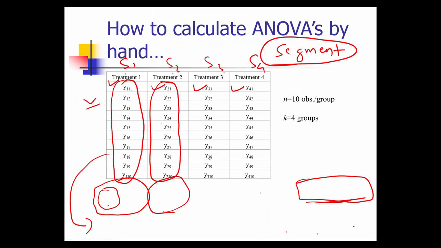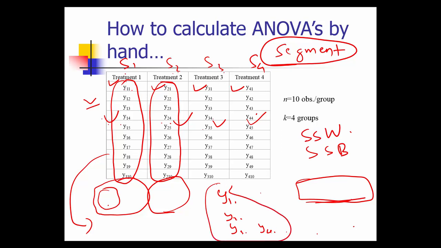Here we can see there are 3 variances we have discussed so far, so I can explain it very easily. The first variance is the variance within each group. Here we'll have one variance, here one variance, here one variance. That is nothing but your SSW, the variance in each segment. Then we have SSB, the variance for each of these means. There are 4 means, Y1 dot, Y2 dot, Y3 dot, and Y4 dot, so there is a variance within these 4 means.